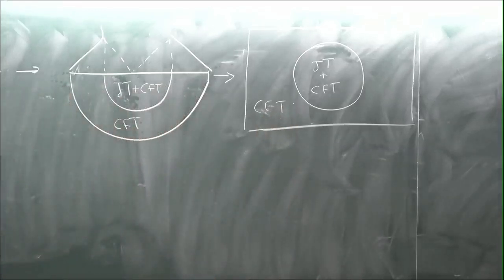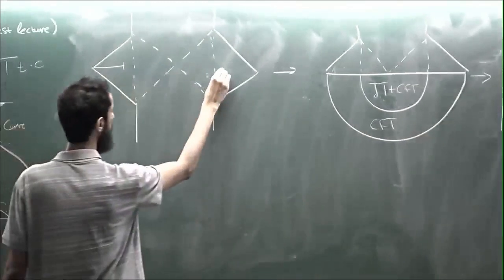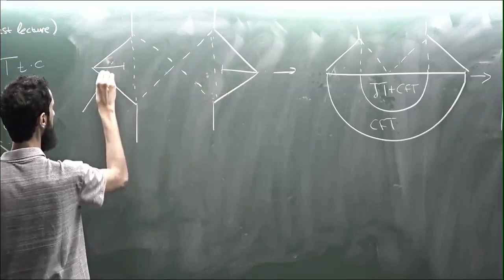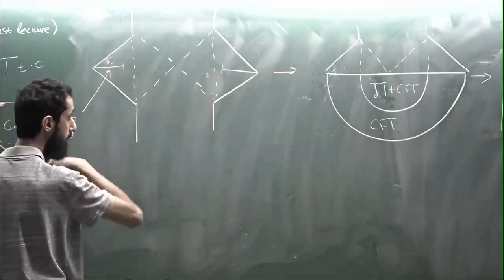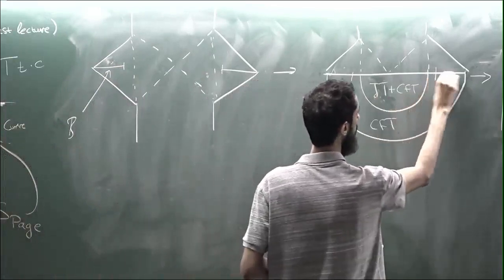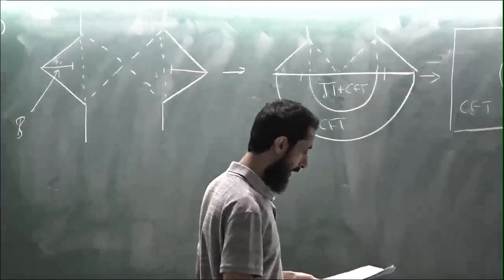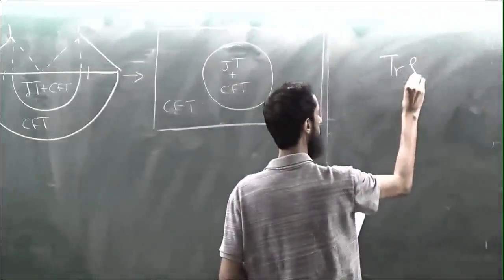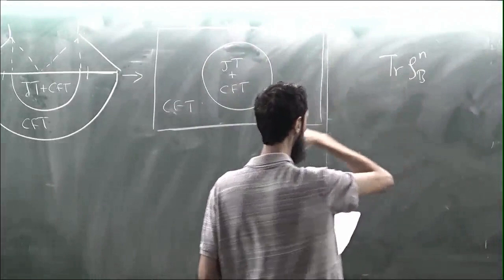Now say we want to compute the entropy of a subsystem here. We call that B. The union of these two pieces is B, so that's somewhere here. The thing we're trying to compute is trace rho_B to the n.